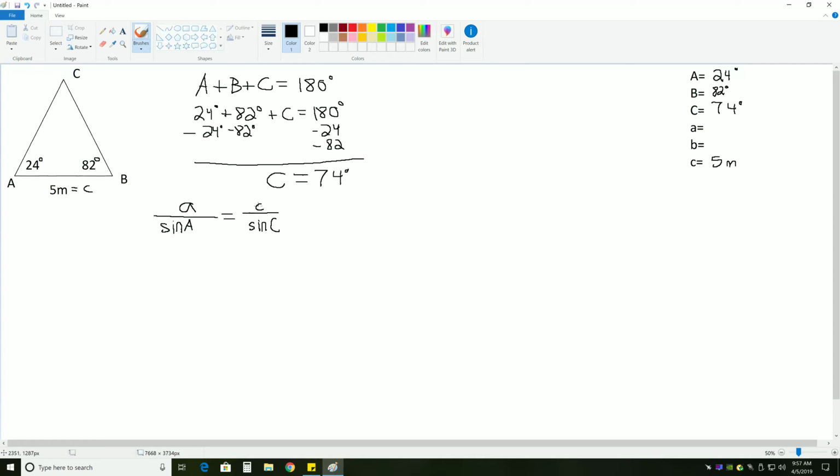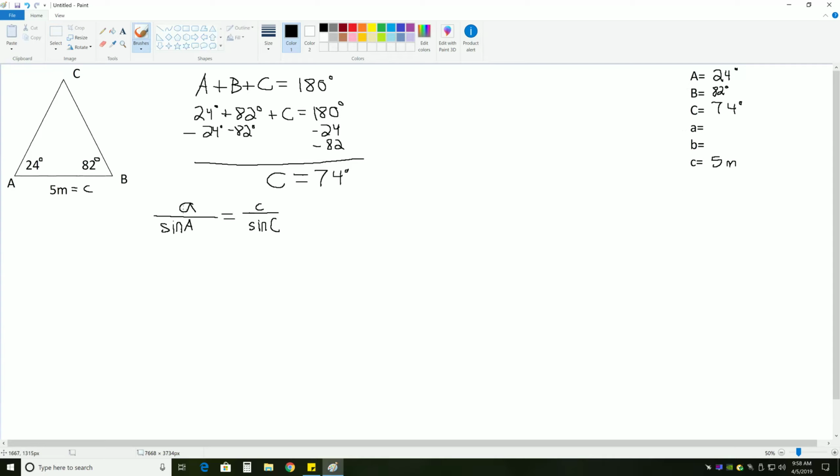Now, I specifically chose C over sine of C in this case because we know angle C and side C, but we don't know angle A with side A or angle B with side B.